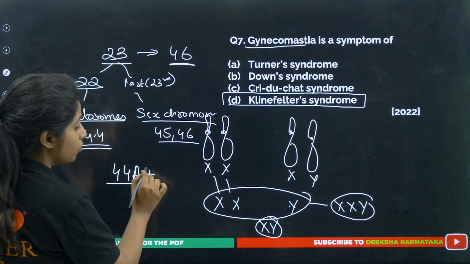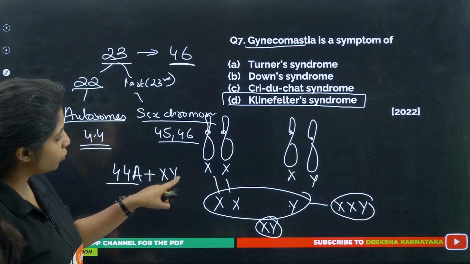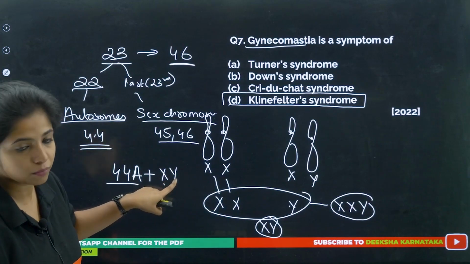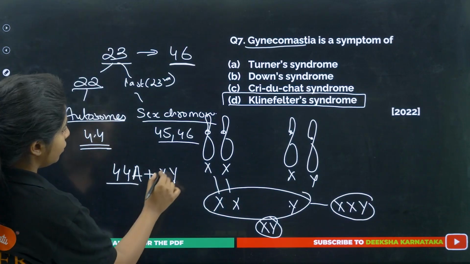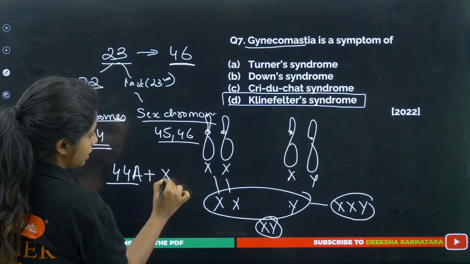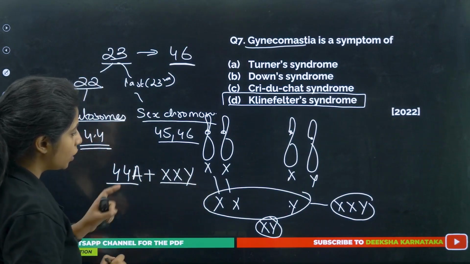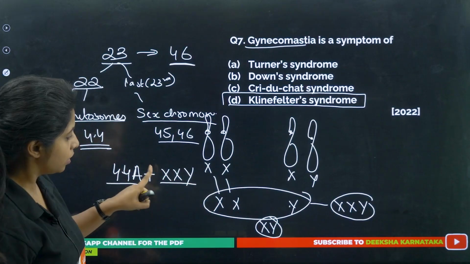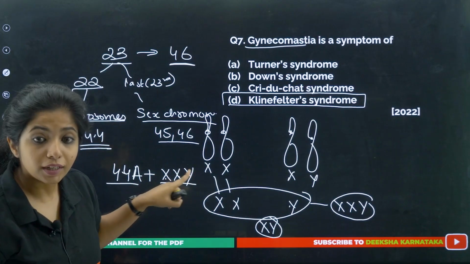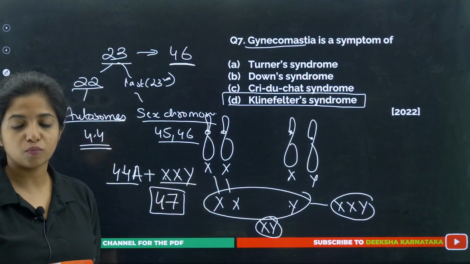Apart from 44 autosomes, the normal condition is XY for males, the 45th and 46th chromosomes. But here, I will find something like XXY. So in total, how many chromosomes? 44, 45th, 46th, 47. They will have 47 chromosomes, my dear children.